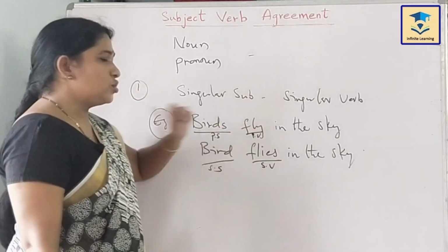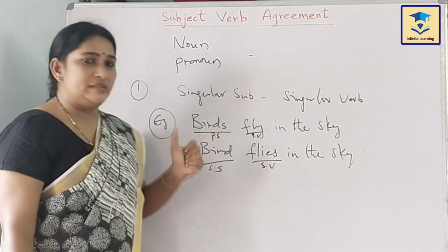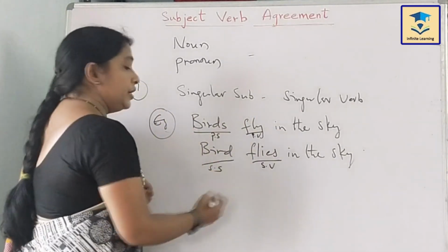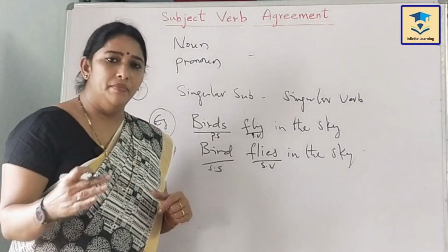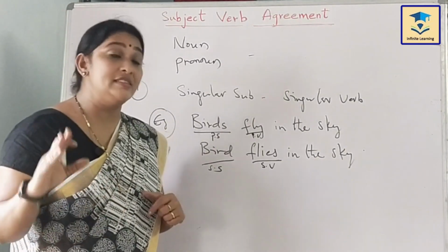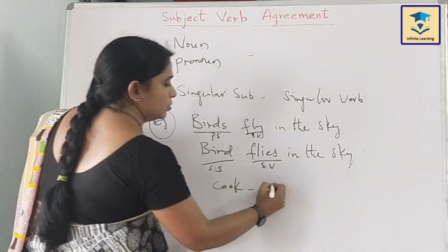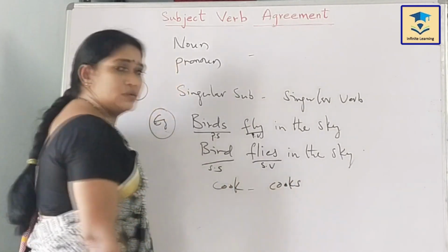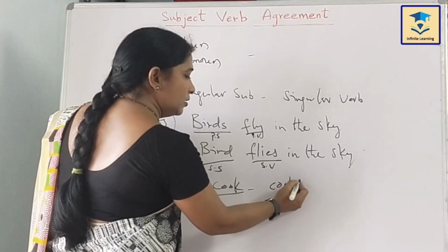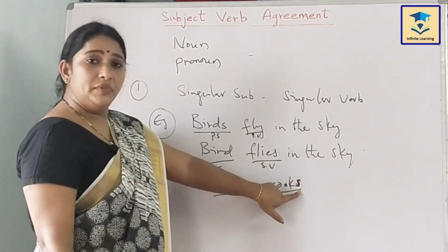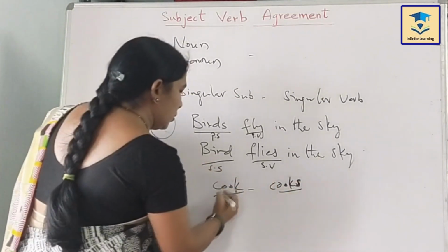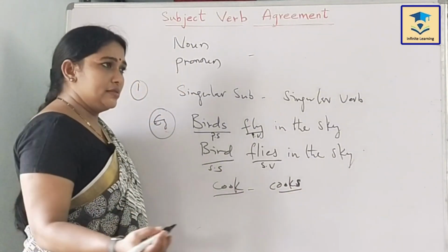And regarding this point, I just want to tell you one thing. If S is added to the verb, it is singular. S or Es is added to the verb. Now you see, cook, cooks. If S is added to the verb, it is singular. Let me tell you another example.